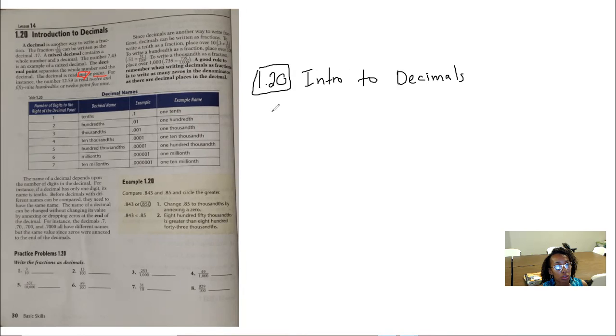So decimals are another way to write a fraction. My handwriting is so great on this screen. All right.